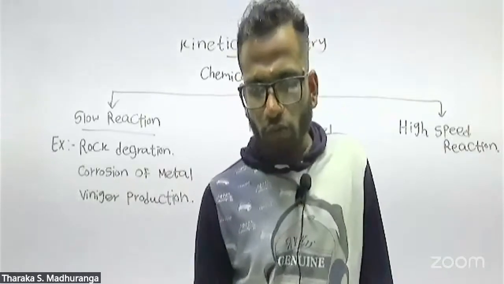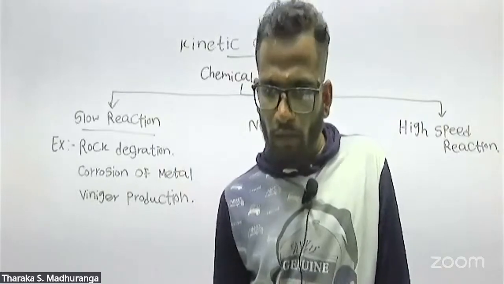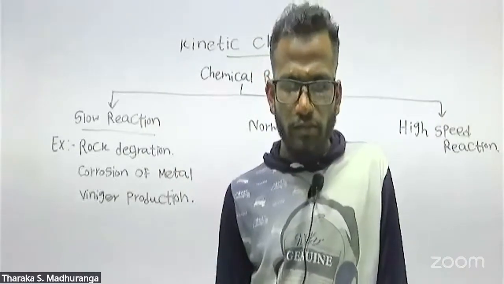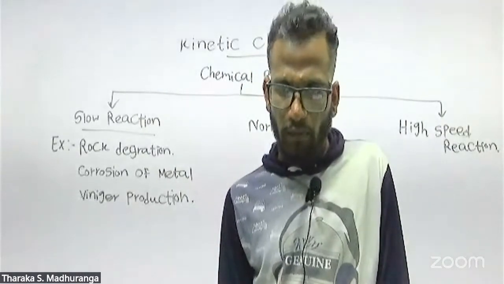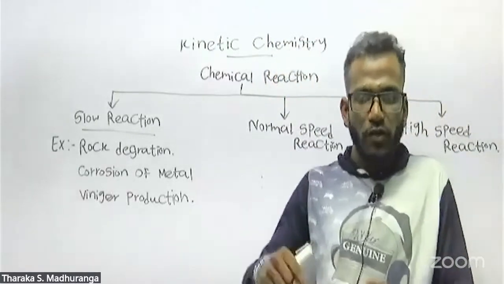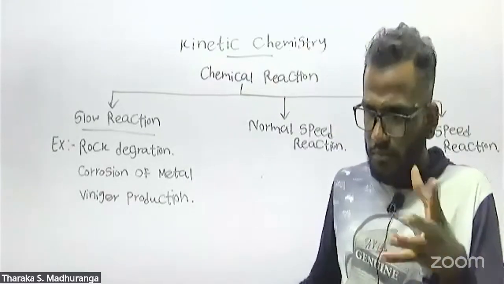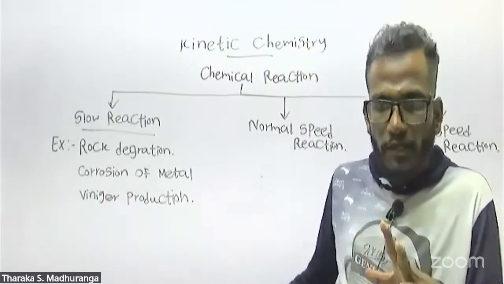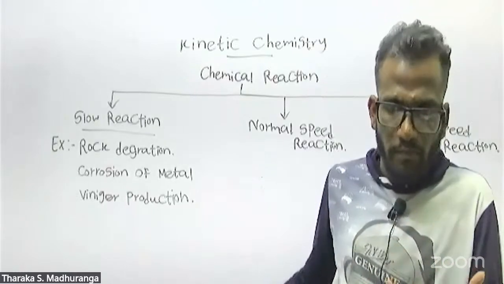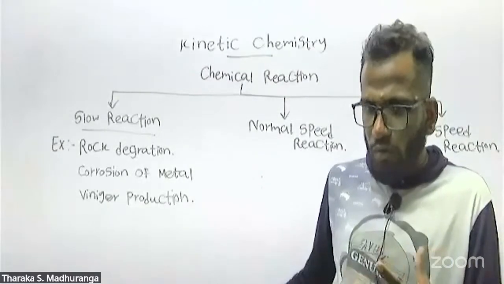Carbon dioxide dissolving in liquid like soda. It can be slow. In natural conditions, dissolving is slow, but in soda production we dissolve it at high pressure, an artificial condition, so it's not slow in this case.